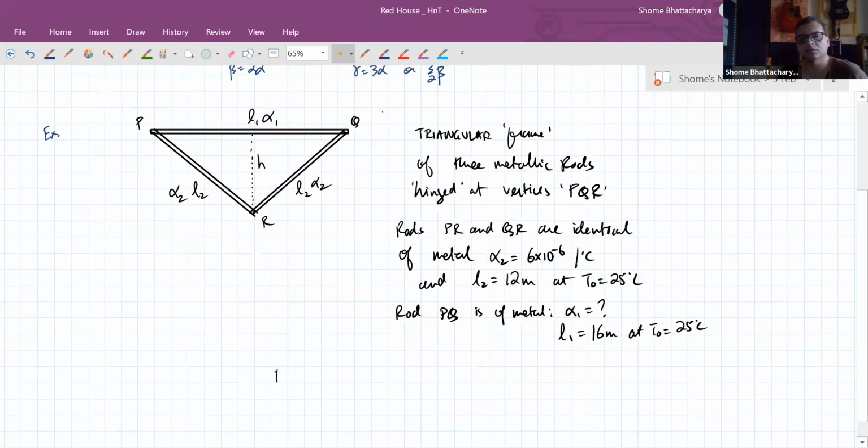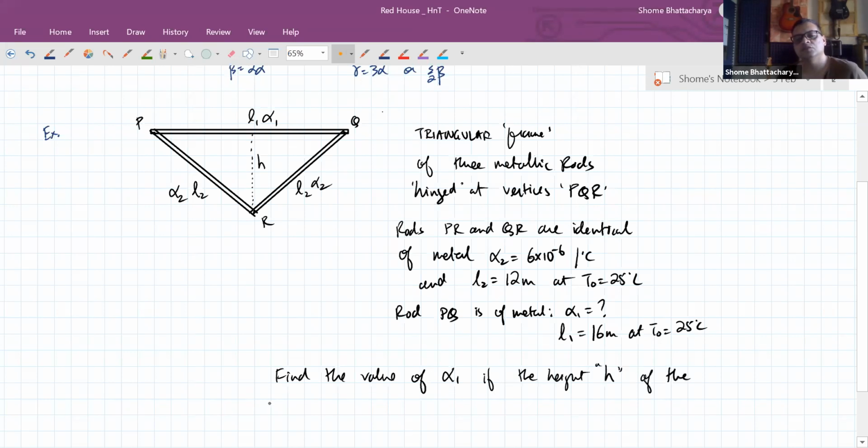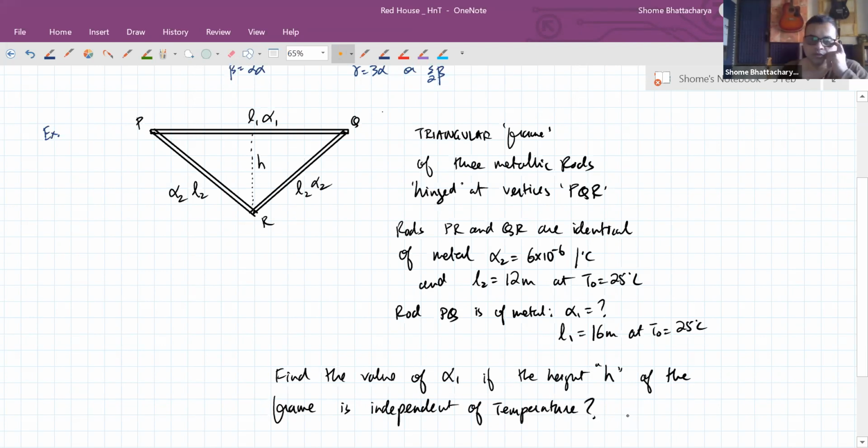So find the value of alpha 1, that is the thermal expansion coefficient of the rod PQ, if the height or altitude h of the frame is independent of temperature. Okay, so just try this question out.